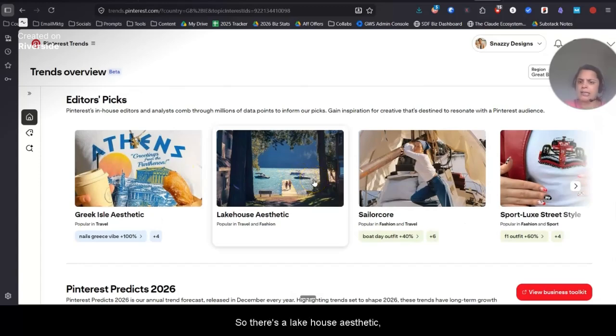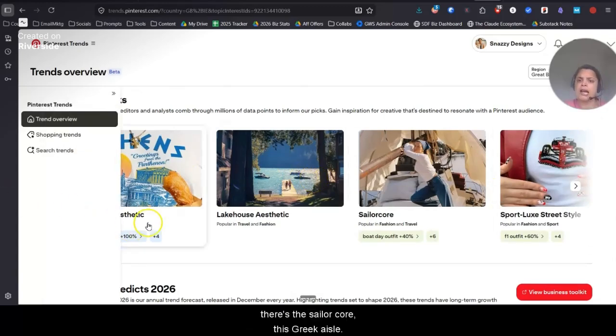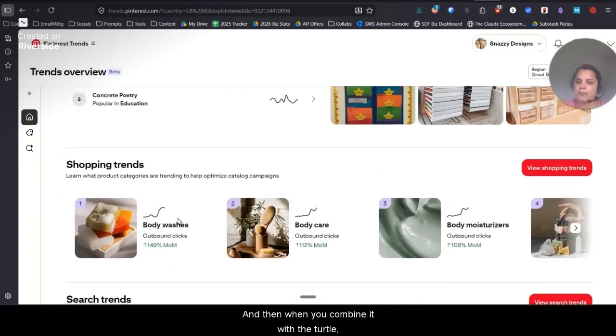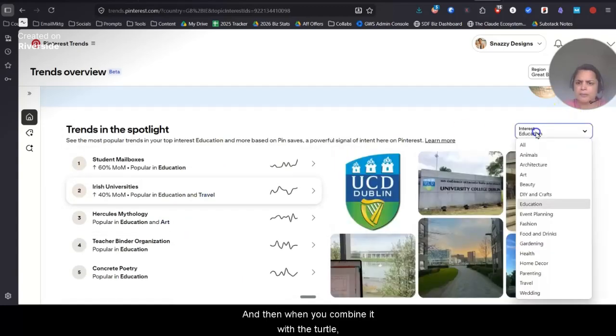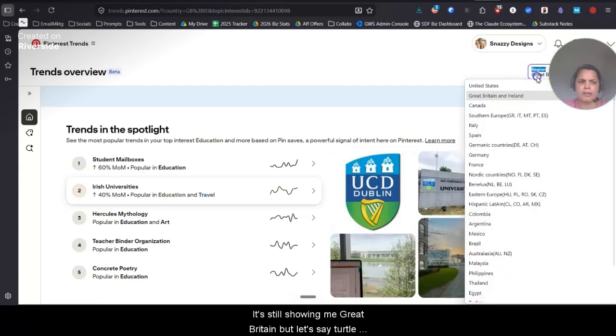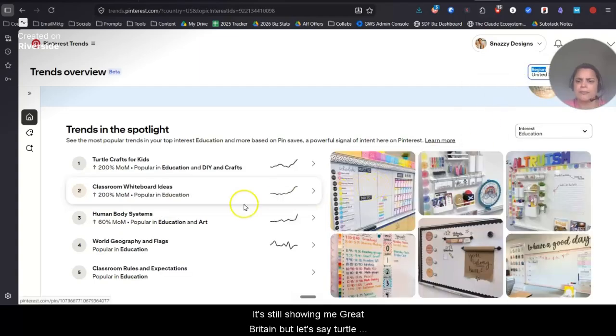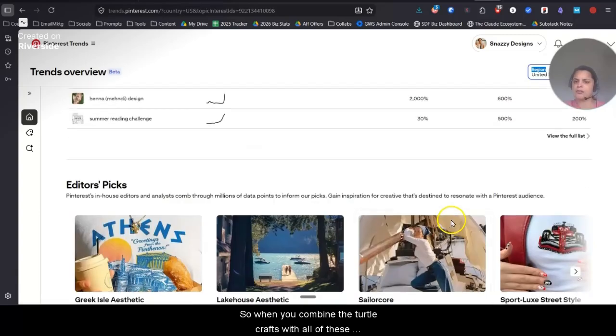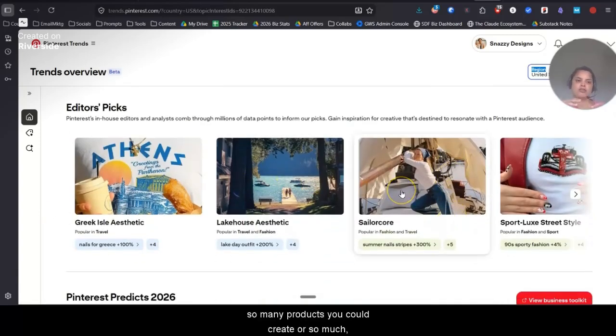So there's a lake house aesthetic, there's sailor core, there's Greek Isle, and when you combine it with the turtle, it's still showing me Great Britain, but let's say turtle crafts, yes. So when you combine turtle crafts with all of these ideas, there are so many products and so much clip art you could create around these. You could use these for your color schemes and color palettes in your products.